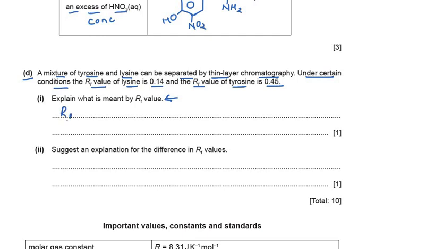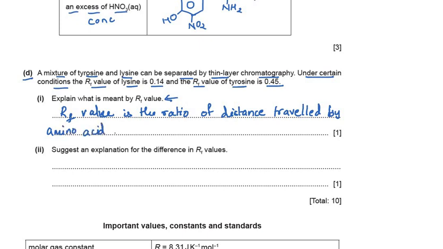RF value is the ratio of distance traveled by solute, but here our solute is amino acid, so we can specify traveled by amino acid, divided by the distance traveled by solvent.